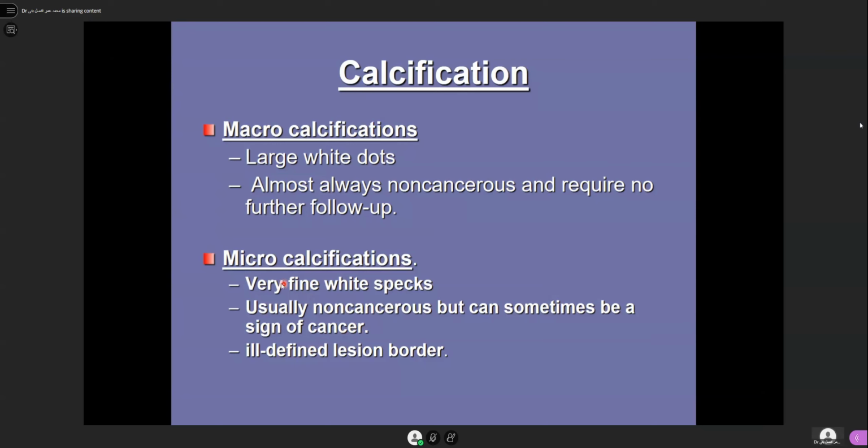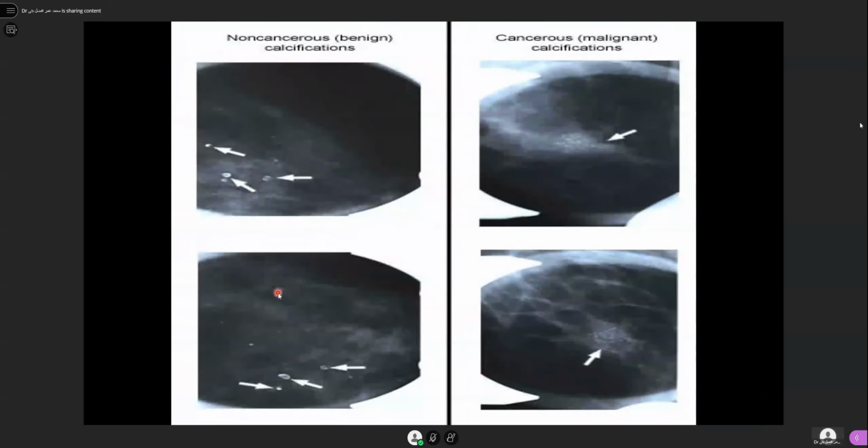So whenever we see microcalcifications, we have to suspect cancer, and we have to follow the patient like a cancer patient. Especially if it is associated with an ill-defined mass with fine white specks of calcification, we consider it a malignant, highly suspicious mass.